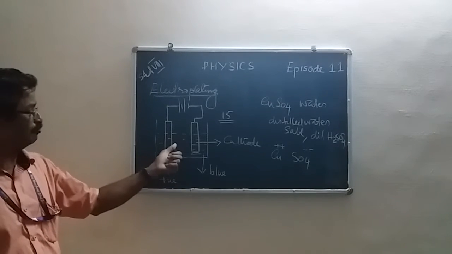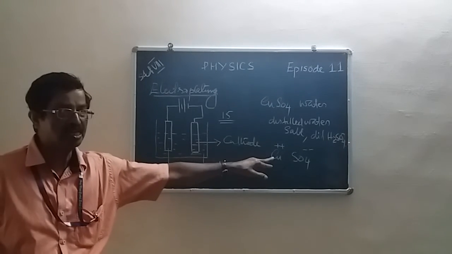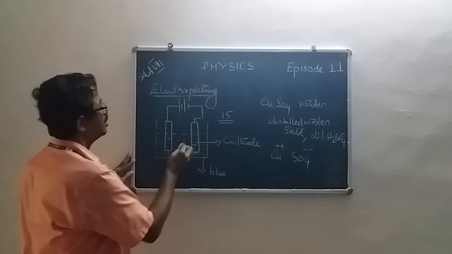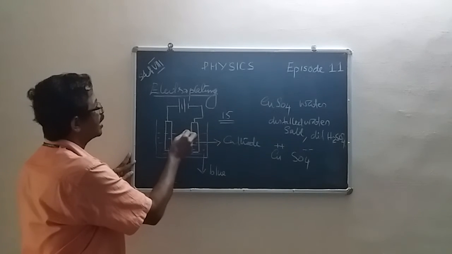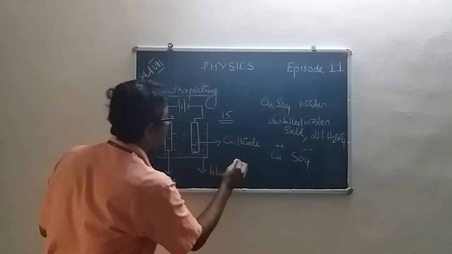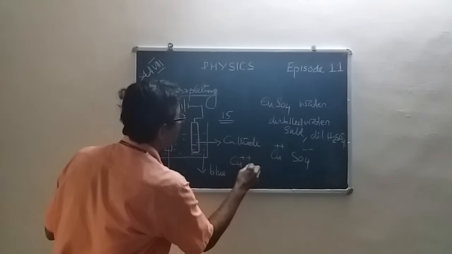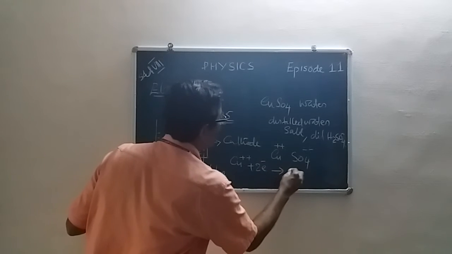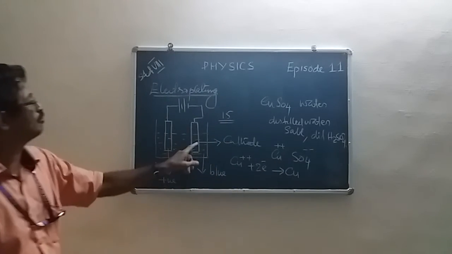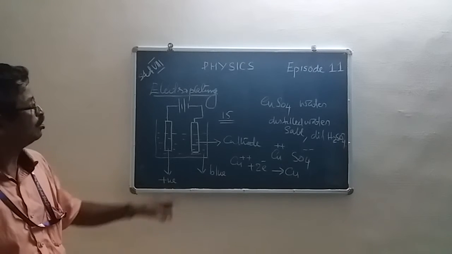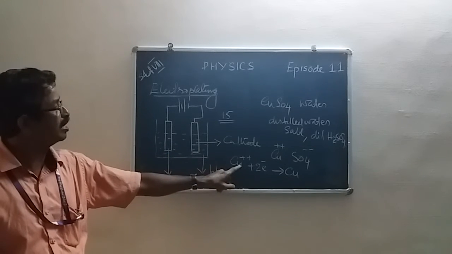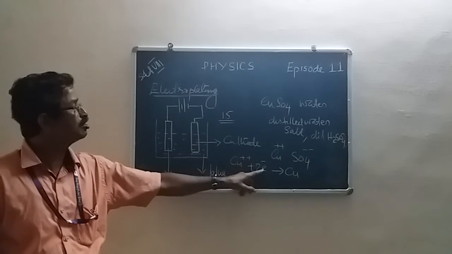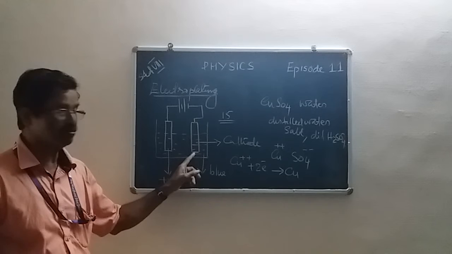The positively charged copper ions move towards the negative electrode, and there each copper 2 plus ion takes 2 electrons, becomes copper, and is deposited on this electrode. So at the cathode, copper ions absorb 2 electrons and are deposited as copper atoms.